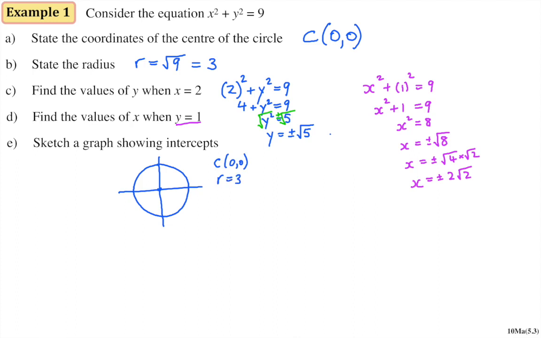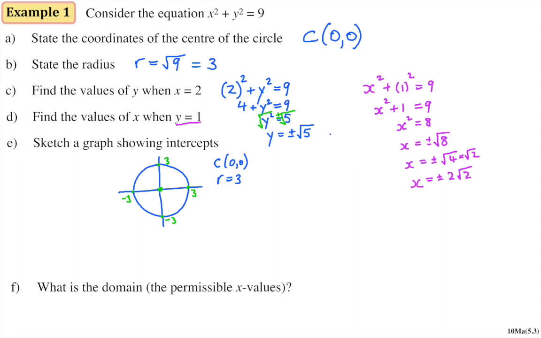And if the radius is 3, that means my intercepts are at 3, minus 3, minus 3, and 3. Because the distance from the center to the outside of the circle is always 3 units. So there's my sketch showing the intercepts.